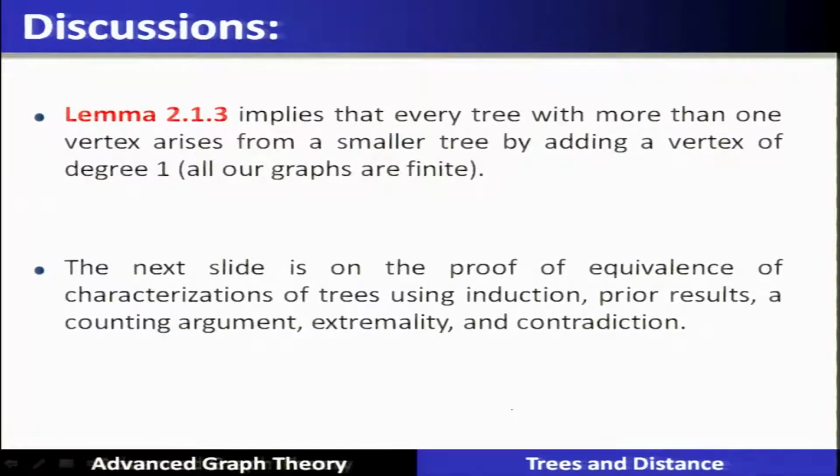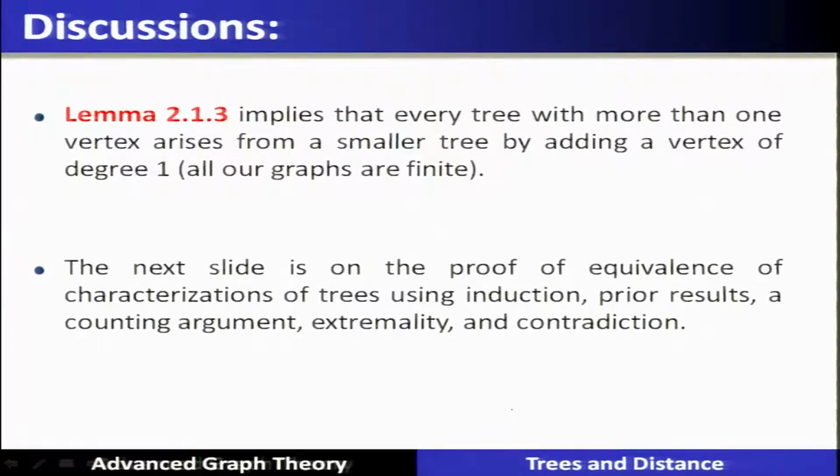In the next slide we will be seeing the equivalence of trees, that is, the characterization of trees, and we will be using different methods of proof: induction, prior results, counting arguments, extremality and contradiction.